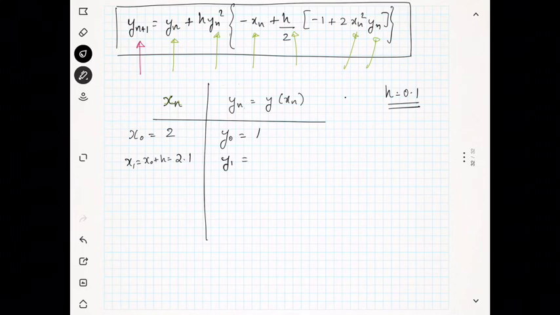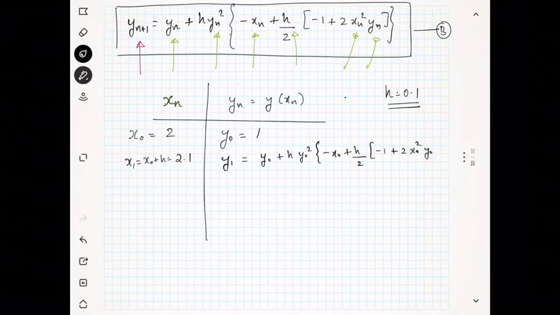Now we will calculate what y_1 is. For y_1, we will use equation B. You put n equal to 0 here, then y_1 is nothing but y_0 plus h into y_0 squared minus x_0 plus h by 2 into minus 1 plus 2 into x_0 squared into y_0, right?